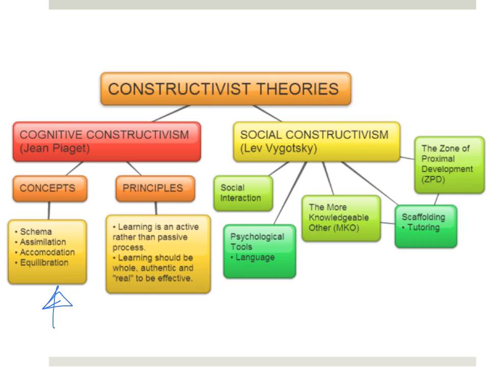And it's based on these principles that learning is an active rather than a passive process, and learning should be whole, authentic, and real. So these ideas about authentic learning, active learning, relevant learning are grounded in work done almost a century ago by Piaget.